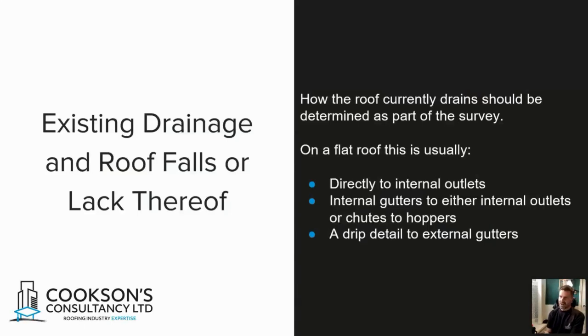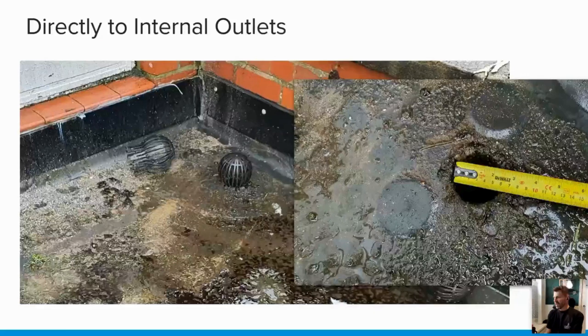Okay, existing drainage and roof falls, something else that we need to consider as a common defect. So in refurbishment, like I said, these refurbishment outlets are good when they're used correctly. However, in this instance, they hadn't. So what had happened here is they've installed an EPDM roof.